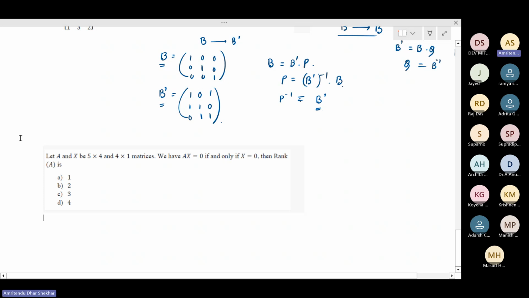Right. So here, what is given is that A and X are matrices. There's 5 cross 4 and 4 cross 1 matrices.